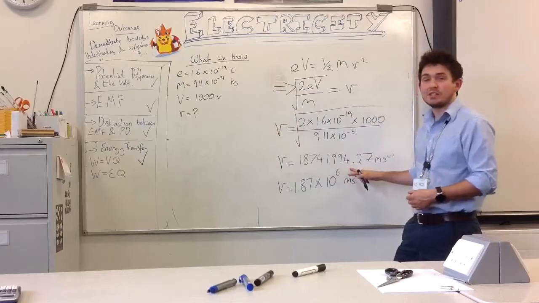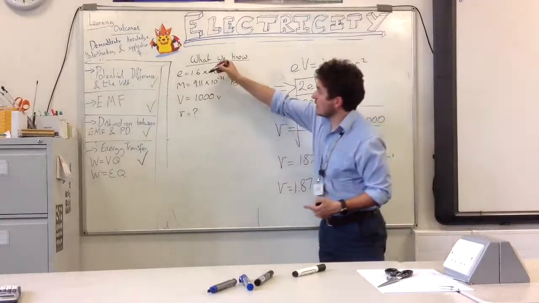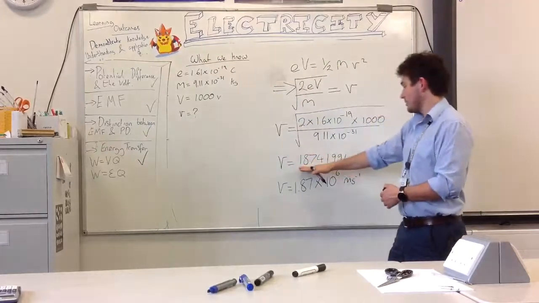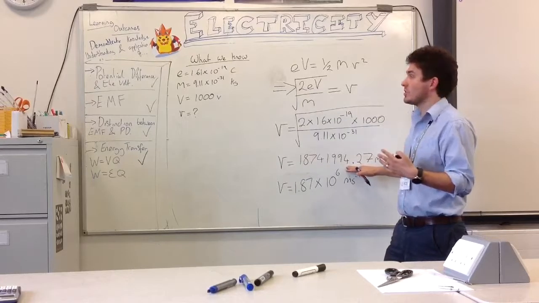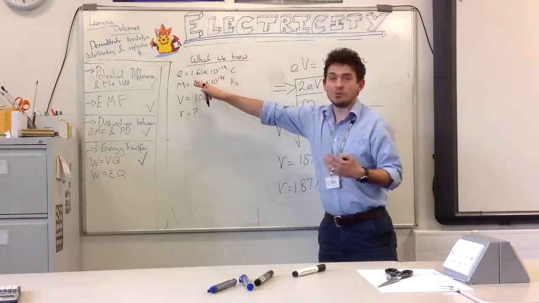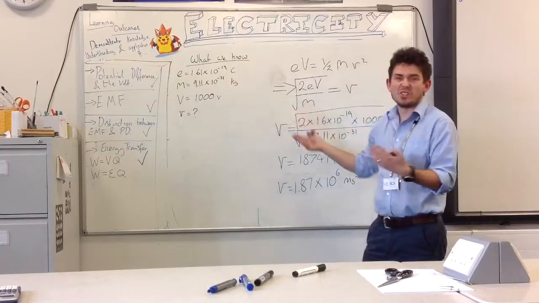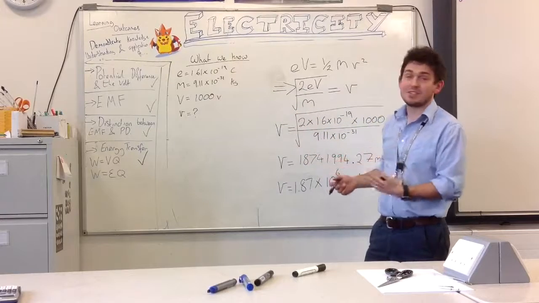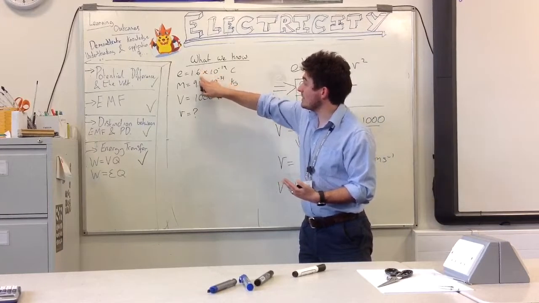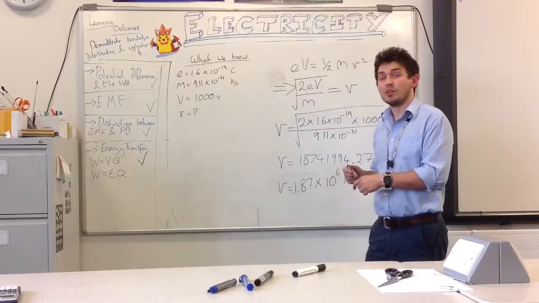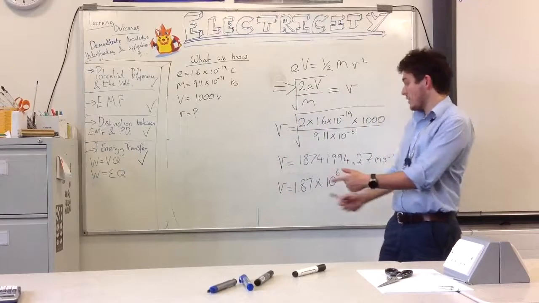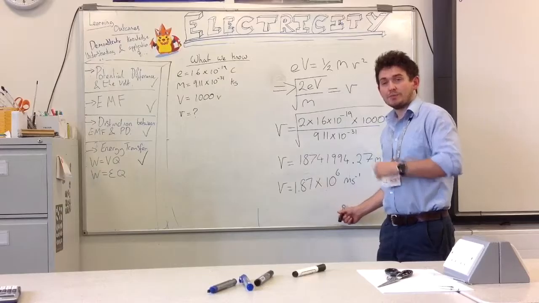For example, if I changed the 1.6 to 1.61, it would change the number a lot, and we don't know whether it is 1.61 or not, because we haven't put 1.60, so we don't know that it's not 1.61. I hope that's clear. Anyway, did you do it? Could you work it out? I hope so.